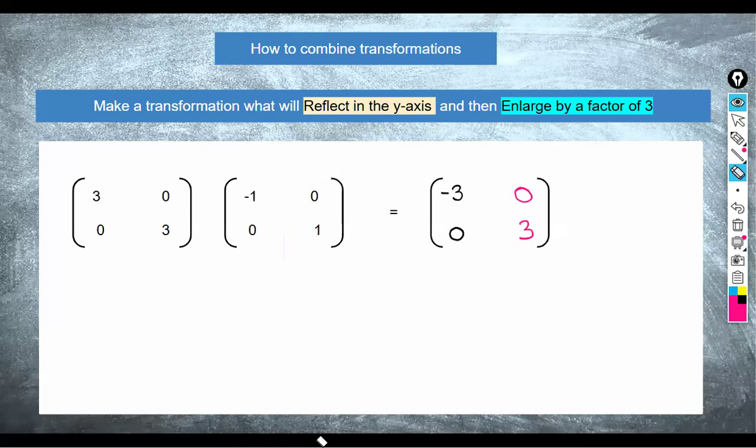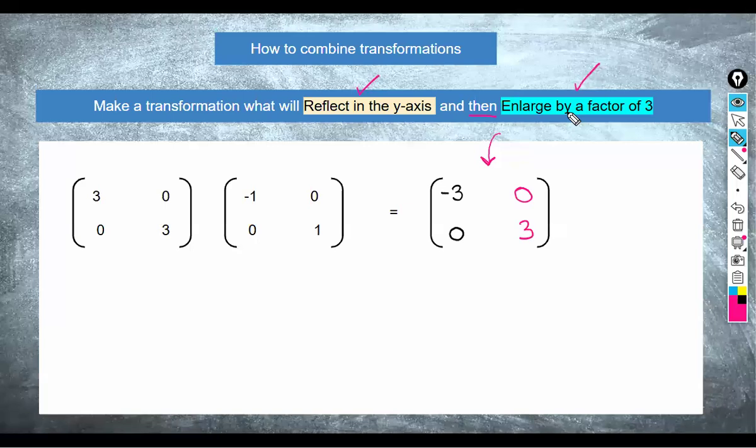So let me show you the point of all of this now. The examiner comes and says, hey, I want you to create a matrix that will do two things for me at the same time. It will reflect the object in the y-axis, and then it will immediately afterwards, that's what the word then means, enlarge it by a factor of 3. Now, one of these things was mentioned first, and one of these were mentioned second.